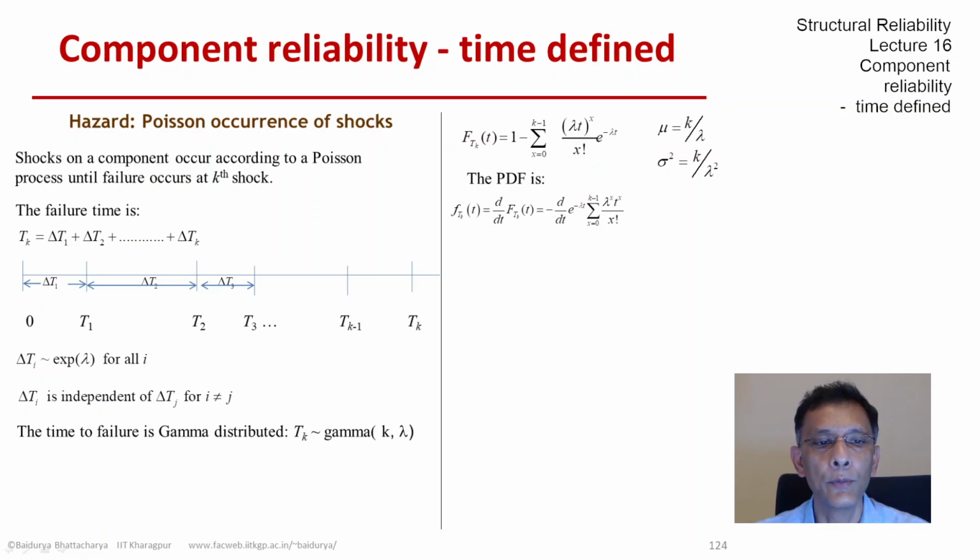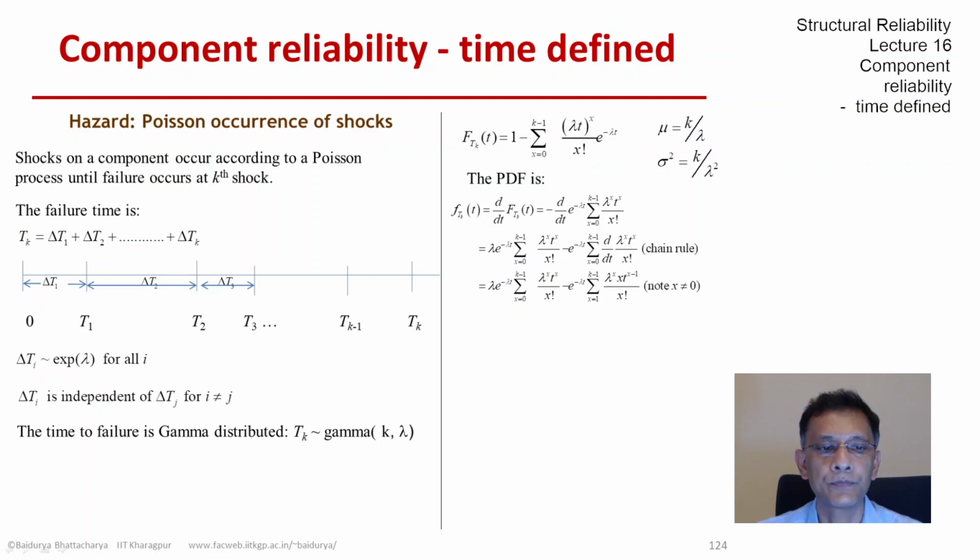So we first use the chain rule of differentiation. So we have two sets of terms there. Now we have to make sure that when we differentiate the sum, for the first term the exponent of t is 0, so that cannot be differentiated with respect to time. It's a constant. So our index for x in the second summation starts from 1 instead of 0, while for the first summation it starts from 0.